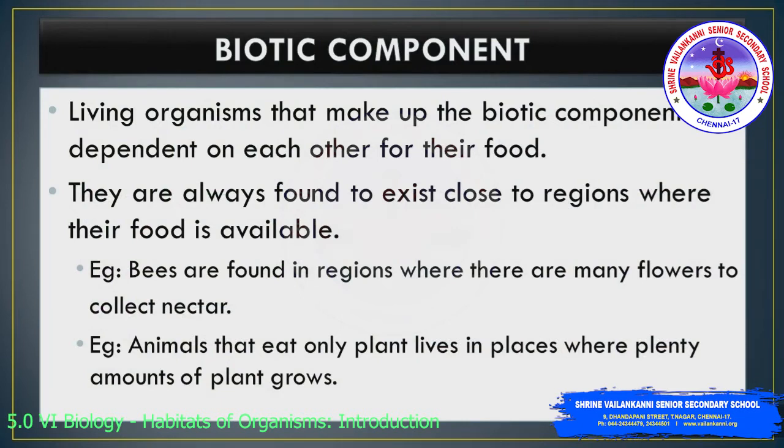Now we shall study about the biotic component. Living organisms that make up the biotic component are dependent on each other for their food. They are always found to exist close to regions where their food is available. For example, bees are found in regions where there are many flowers to collect the nectar, whereas animals that eat only plants live in places where plenty of plants grow.